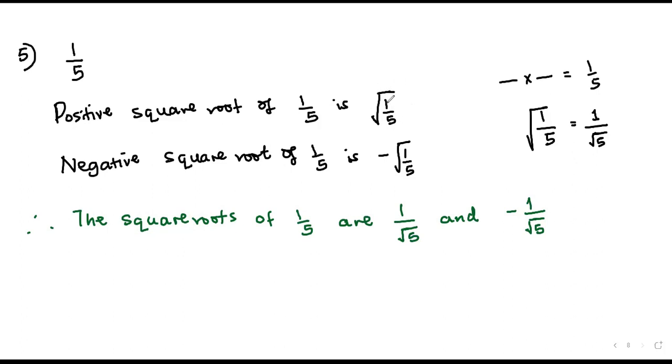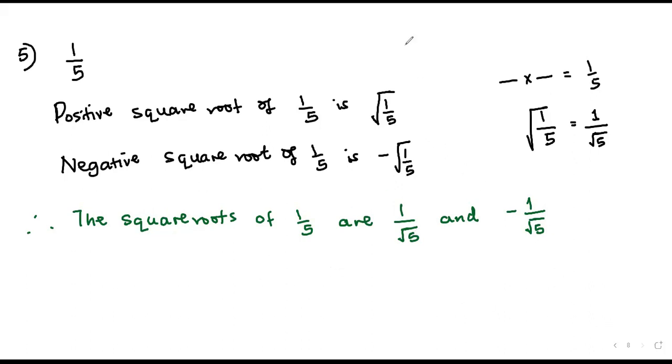You can even leave it without getting the square root of 1 alone. You just have it as the square root of 1 out of 5 and negative square root of 1 out of 5. In case one of the numbers does not have a square root, like 5, you can leave the whole of it, or you can get the square root, and for the number down, you write the square root of that number. Still, it is okay.